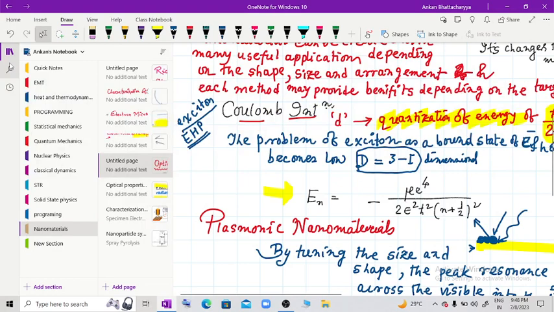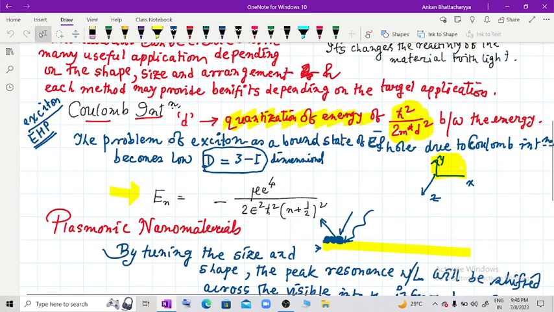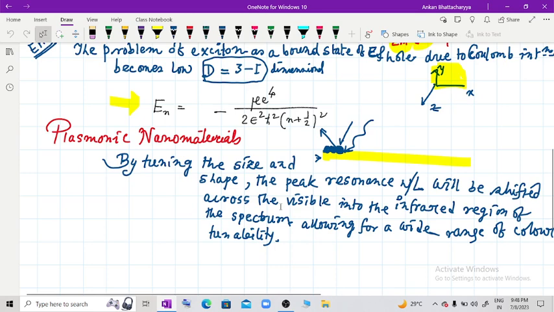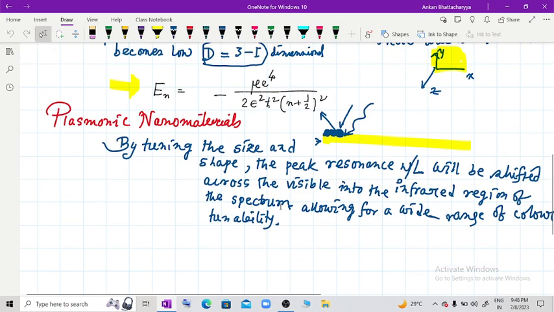Now back to our discussion. After studying plasmonic nanomaterials, you are now well informed about their applications and why they are important. You can now understand it better.